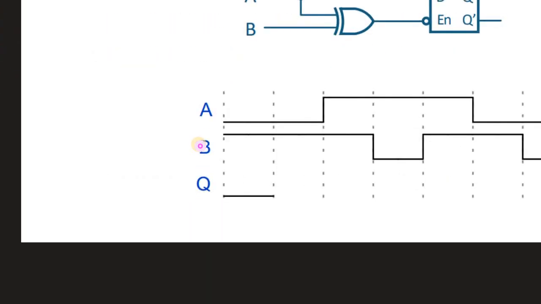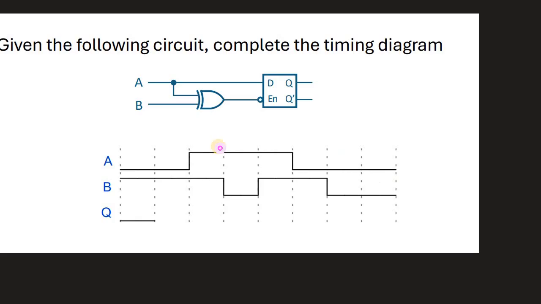Now with this, let's try to solve this. Here this is the input for A and this is the input for B. If it's below, that means it's a 0, and if it's above, that means it's a 1.